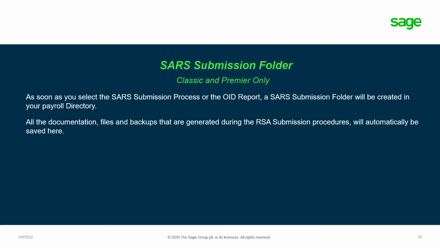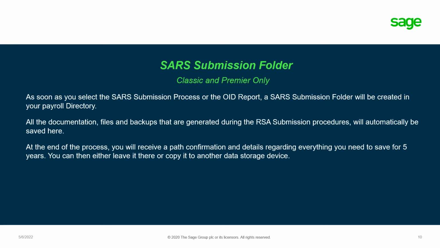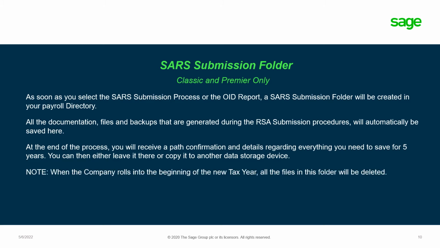All the documentation, files, and backups that are generated during the RSA submission procedure will automatically be saved here. At the end of the process, you will receive path confirmation and details regarding everything you need to save for 5 years. You can then either leave it here or copy it to another data storage device.